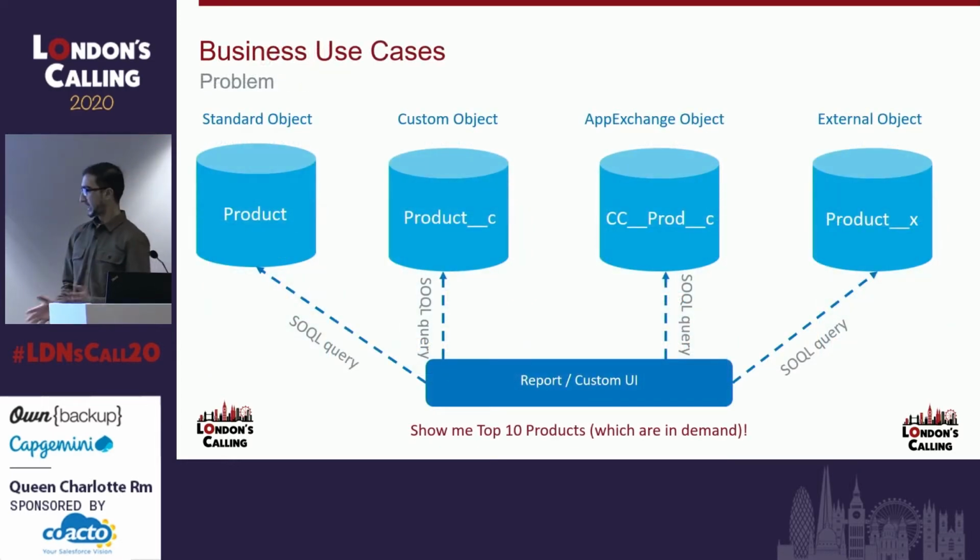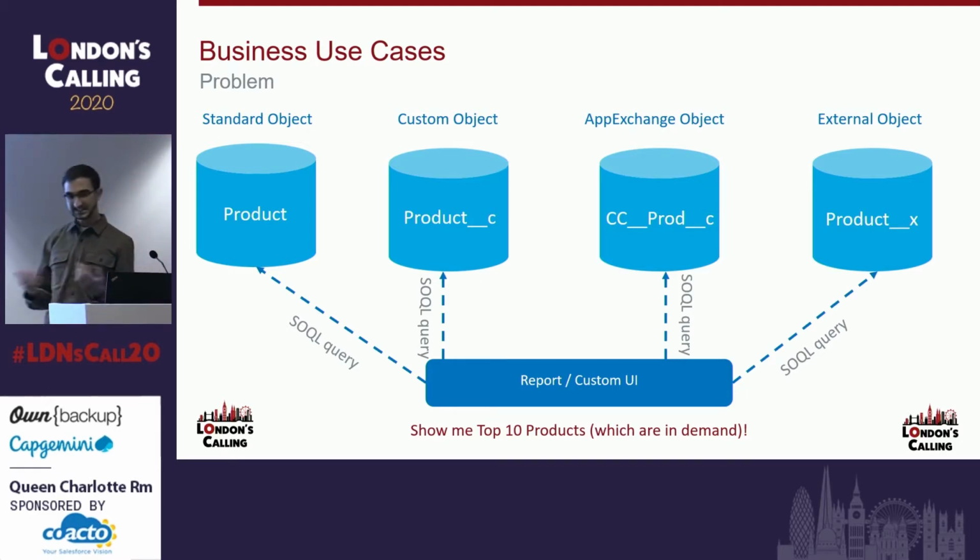Now, if we take these different objects in Salesforce, let's take a business use case: you want to bring data from different objects that are logically similar. You have the product object, which is a standard object in Salesforce.